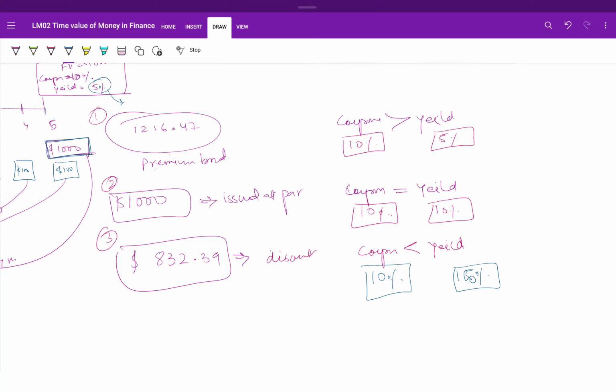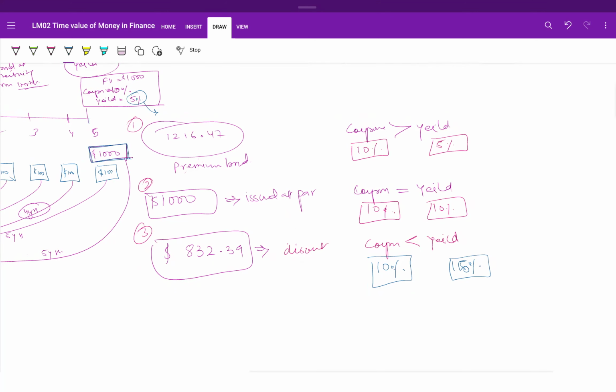So this is everything we have discussed, this whole chapter in a nutshell. This will be helpful to you when we discuss fixed income. So when the coupon payment is greater than yield, the bond will be issued at a premium. When the coupon payment is equal to yield, the bond is issued at par value.